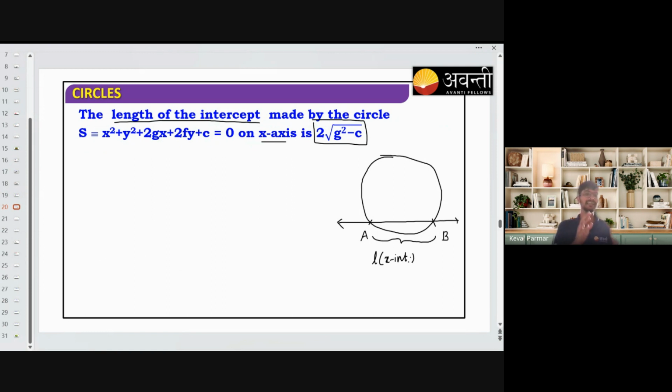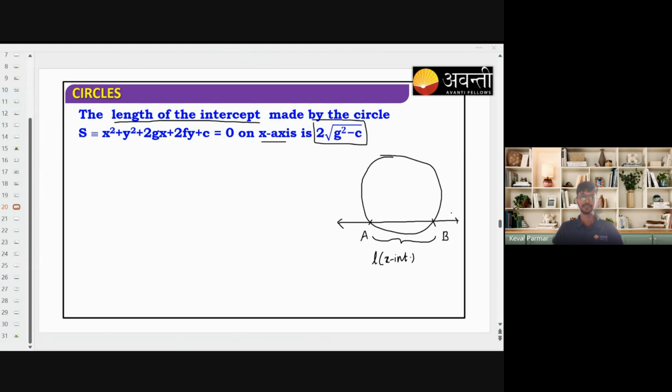That means length of the chord which the x-axis cuts. Simple thing. Now, to find this length of x-intercept, how to find it? I think first we need, this is the x-axis, right?